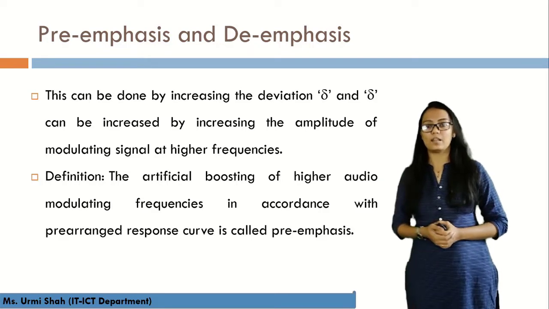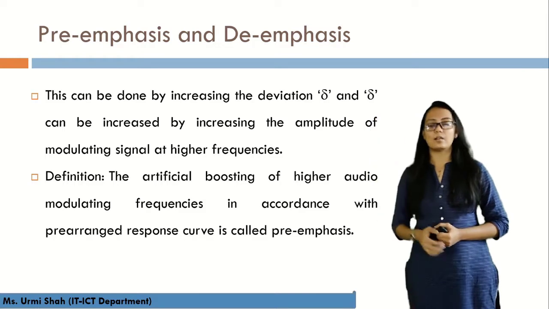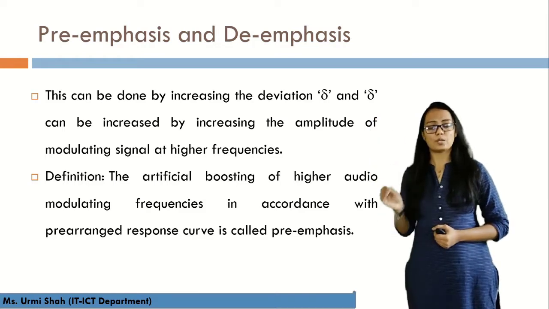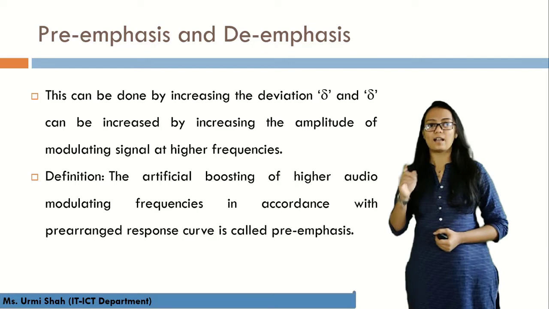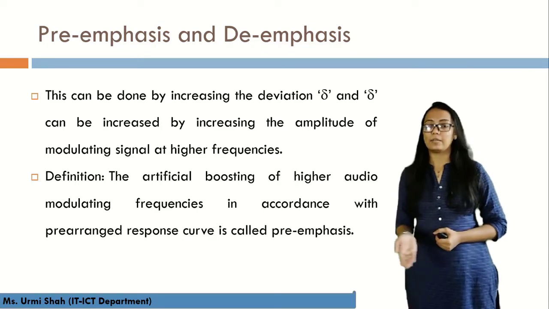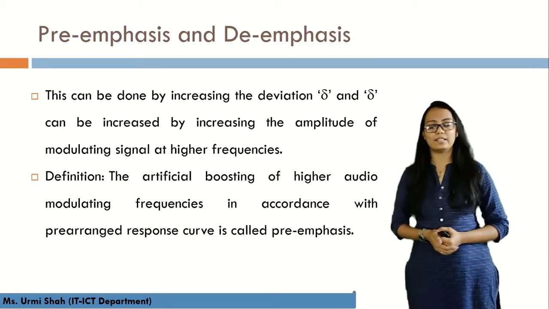We represent this parameter by the term delta. So basically, preemphasis is done by increasing the deviation, that is delta, and this delta can be increased by increasing the amplitude of the modulating signal at higher frequency.